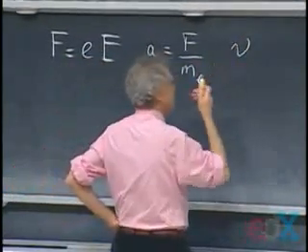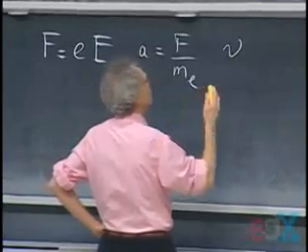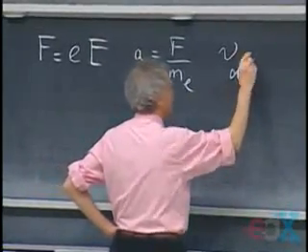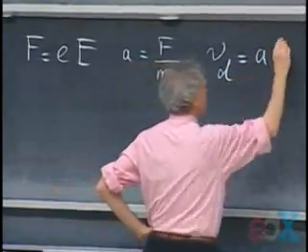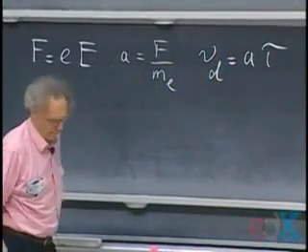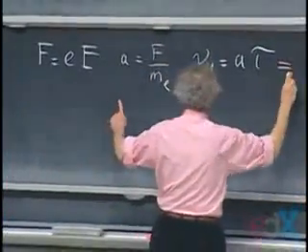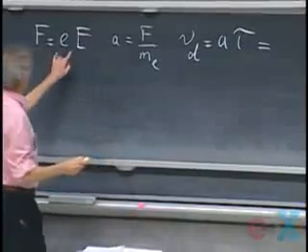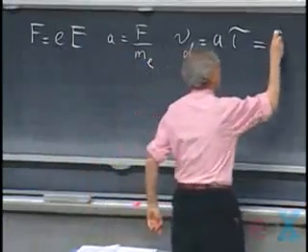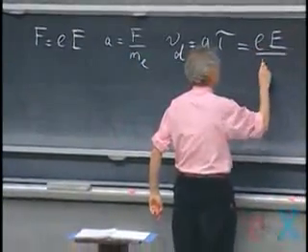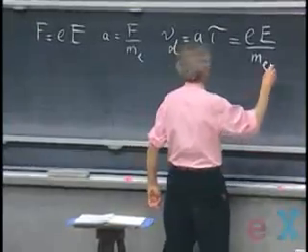And so they will pick up a speed between these collisions, which we call the drift velocity, which is a times tau. And so a equals F divided by m_e, F is eE, so we get e times E divided by the mass of the electron, times tau.